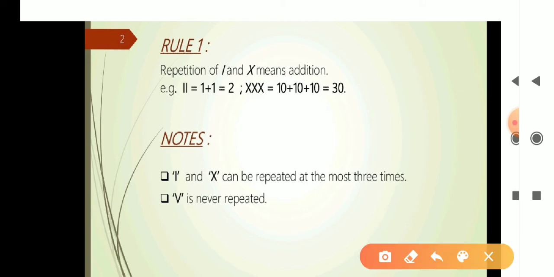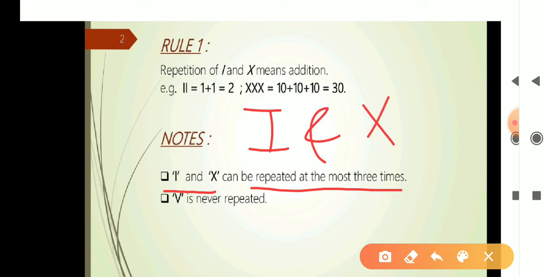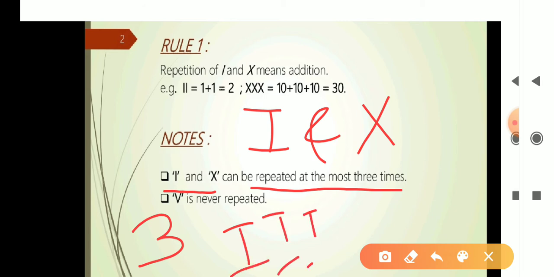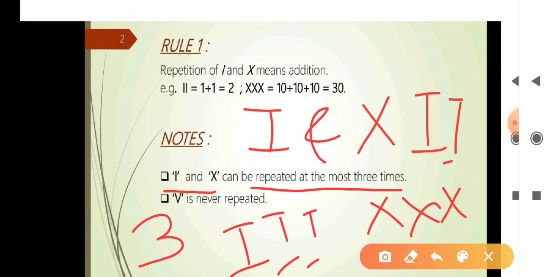And what is the note given here? I and X can be repeated at most 3 times, not more than 3 times. We can write 3 I's and 3 X's, but we cannot write 4 I's, because it cannot be repeated 4 times.